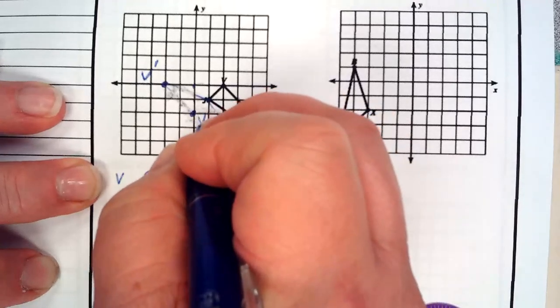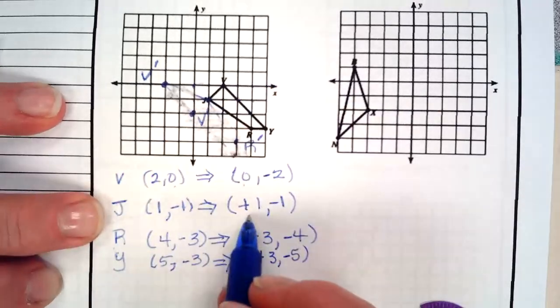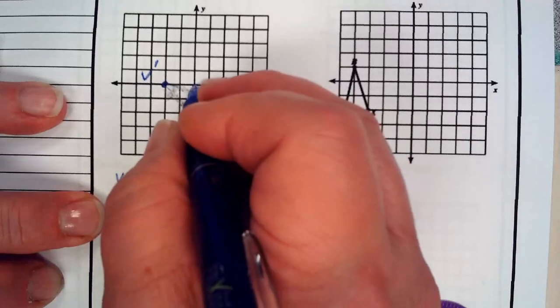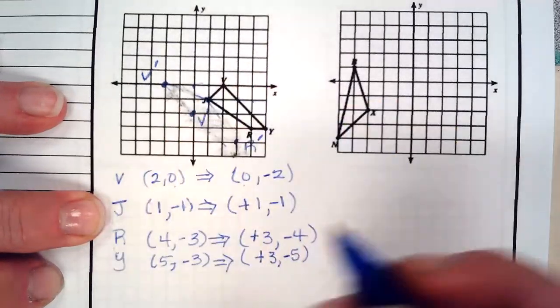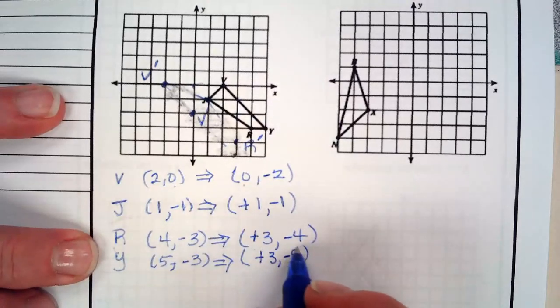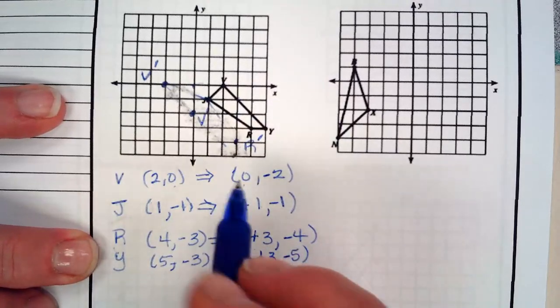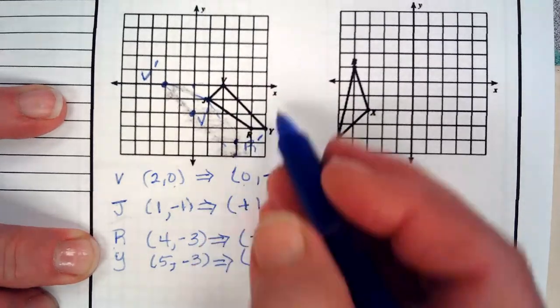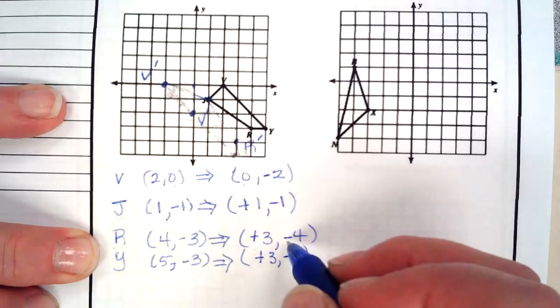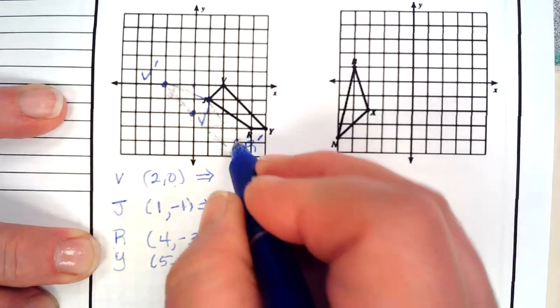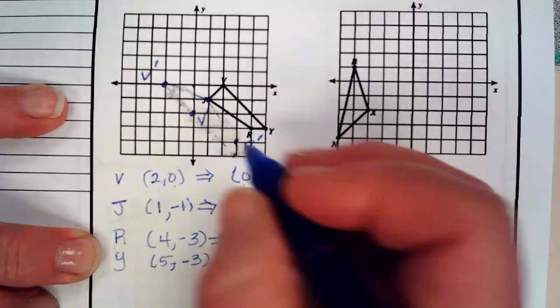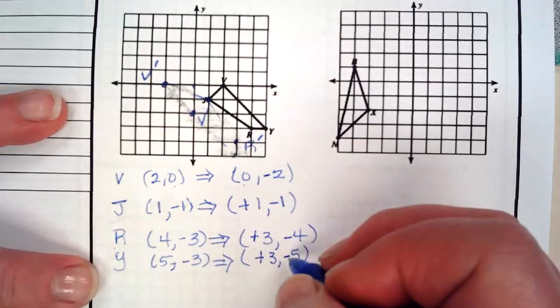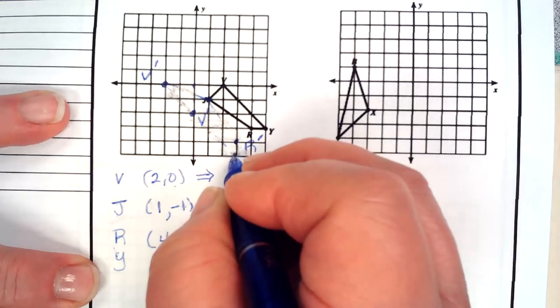This is your V prime. 1, -1. J prime. 3, -4. That's your R prime. And 3, -5.